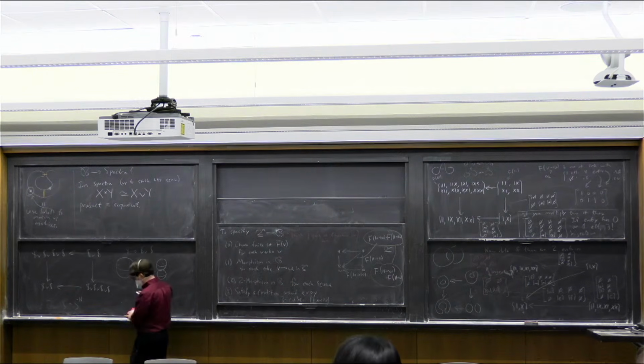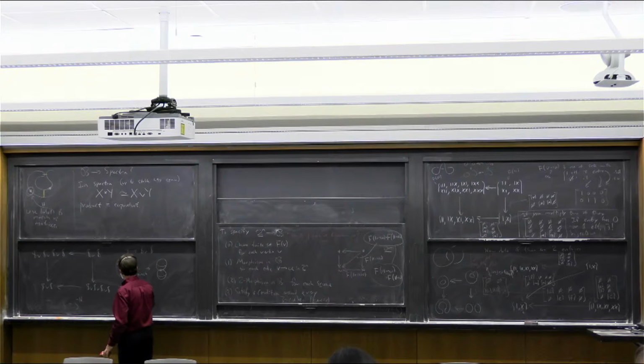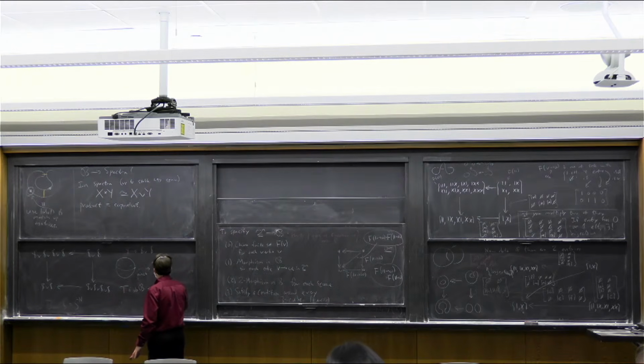So how does this map work? For an object T in the Burnside category, I get the wedge sum over T of the sphere.